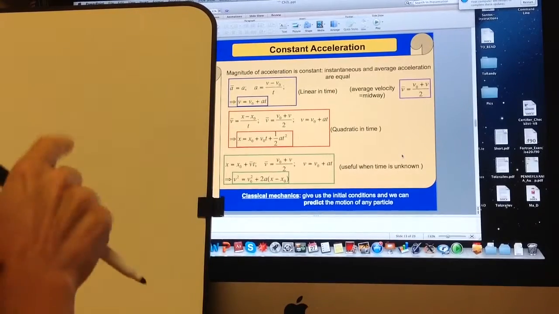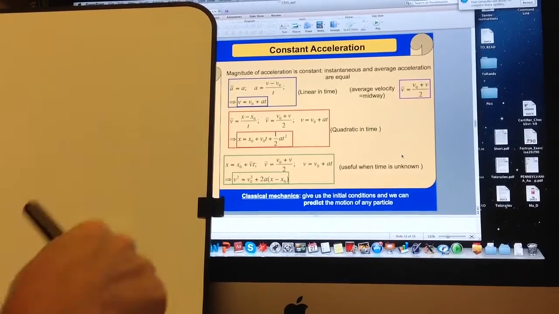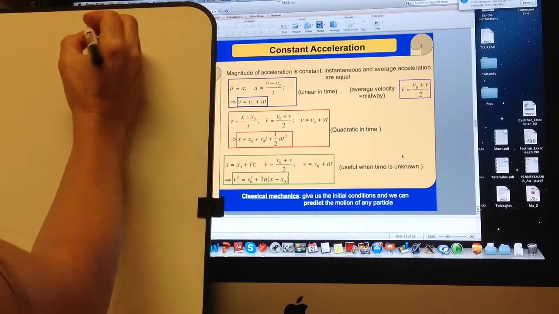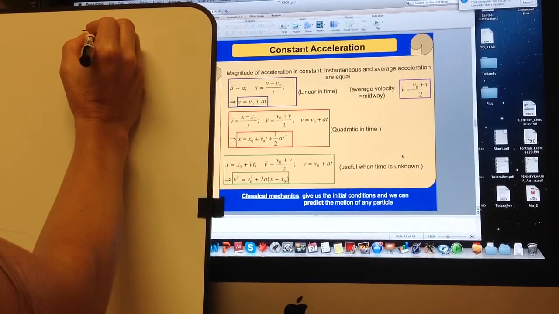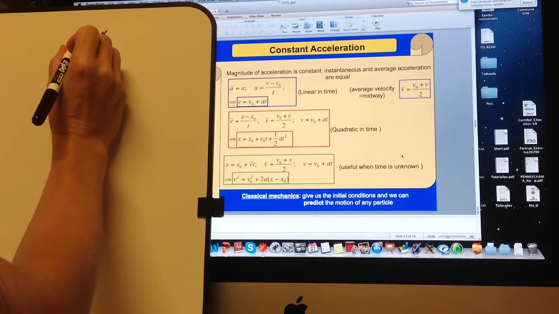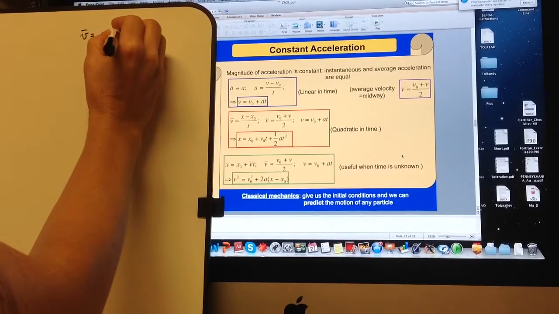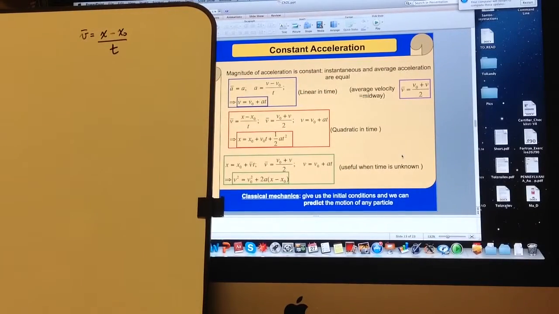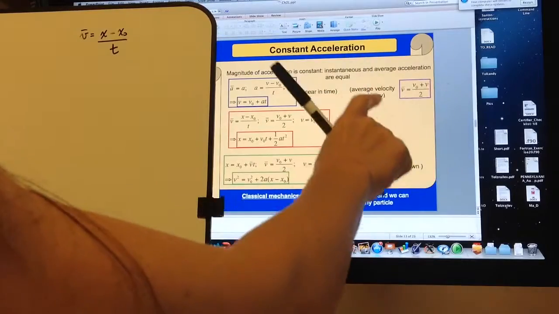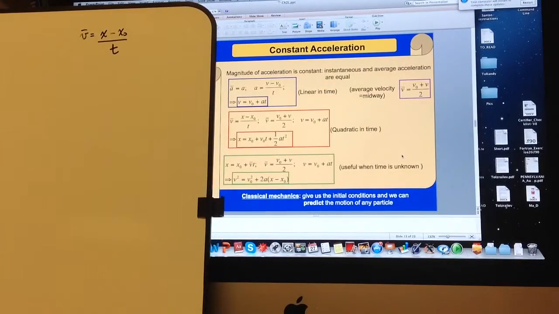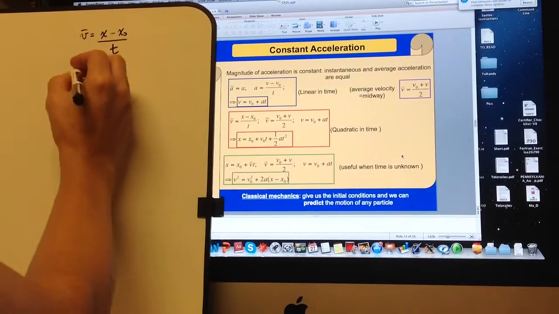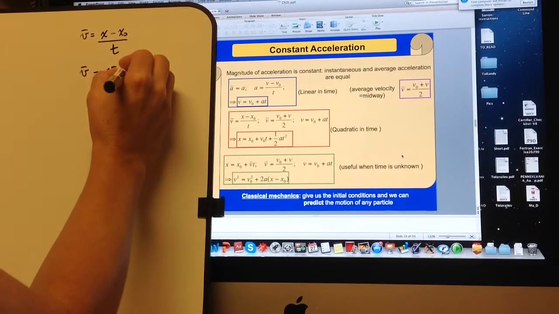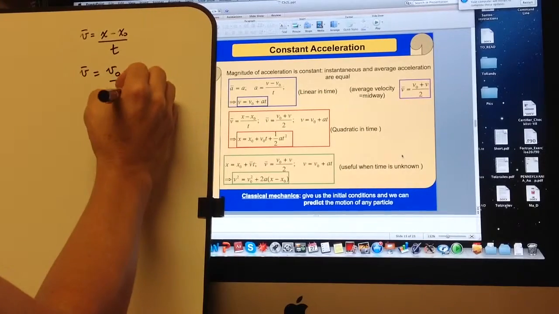Okay, but how do things start? I'm going to start from the definition we had for the average velocity. Average velocity is final position minus initial position divided by time. We just said that in this case where the velocity changes at a constant rate, the average velocity is that midpoint, the initial velocity plus the final velocity divided by 2.